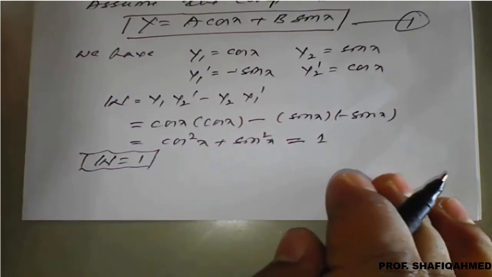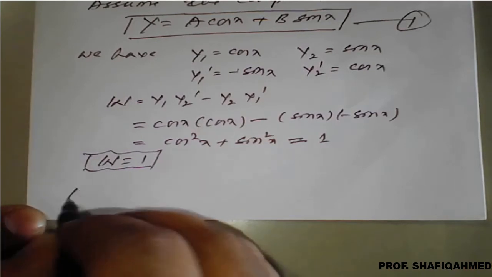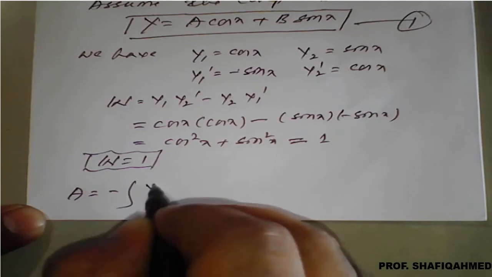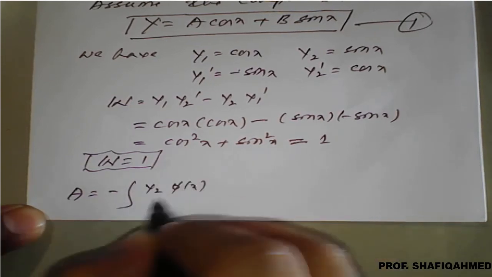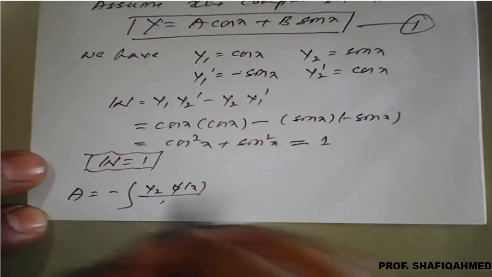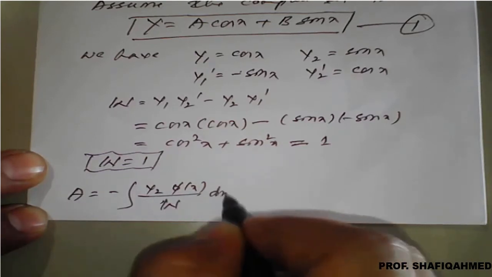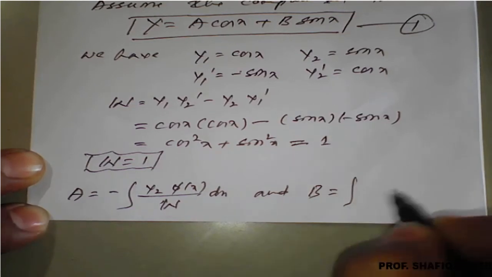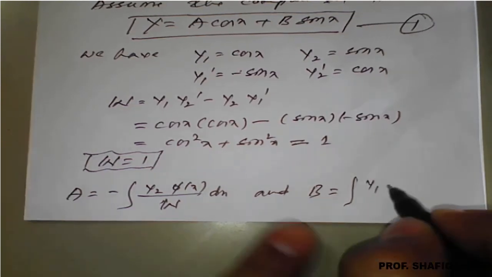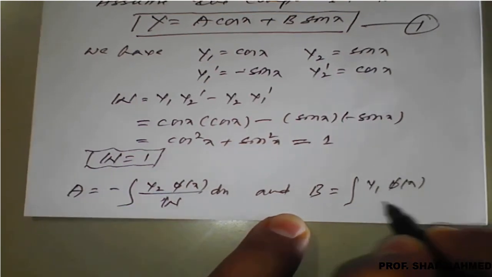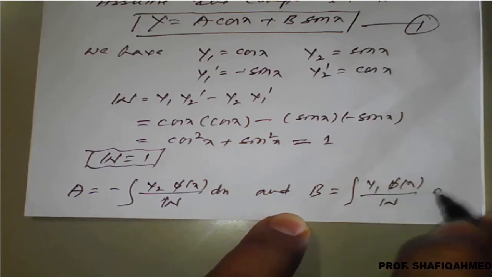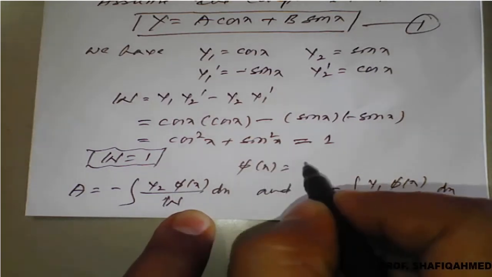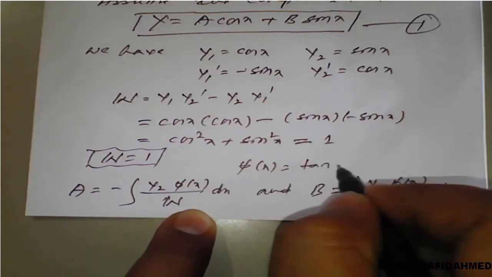So the value of W is 1, and we know that the value of A is given by minus integration of y2 phi of x divided by W into dx, and B is given by integration of y1 phi of x divided by W into dx, and our phi of x is nothing but, from the right hand side, tan x.